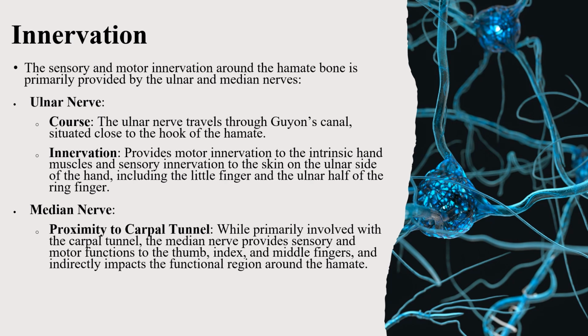The median nerve is in proximity to the carpal tunnel. While primarily involved with the carpal tunnel, the median nerve provides sensory and motor function to the thumb, index and middle finger and indirectly impacts the functional region around the hamate.